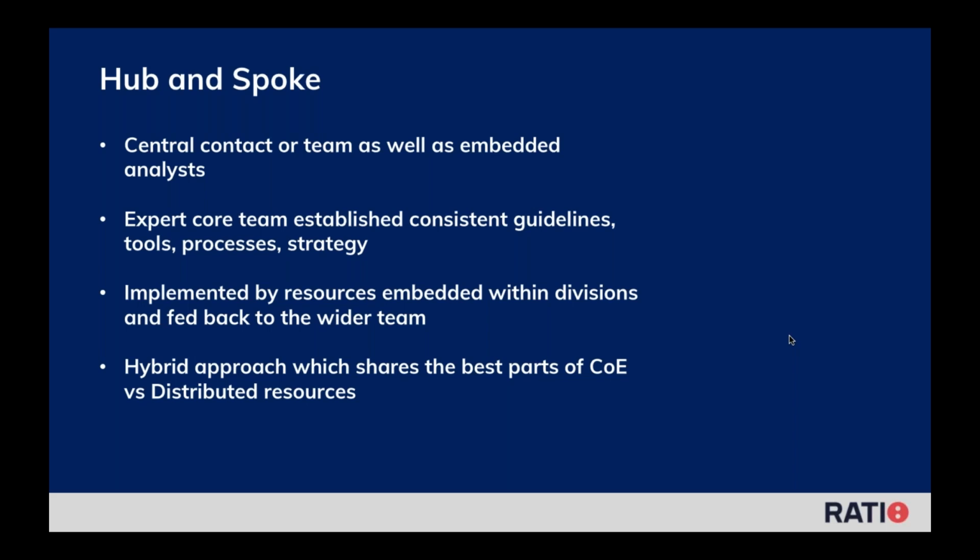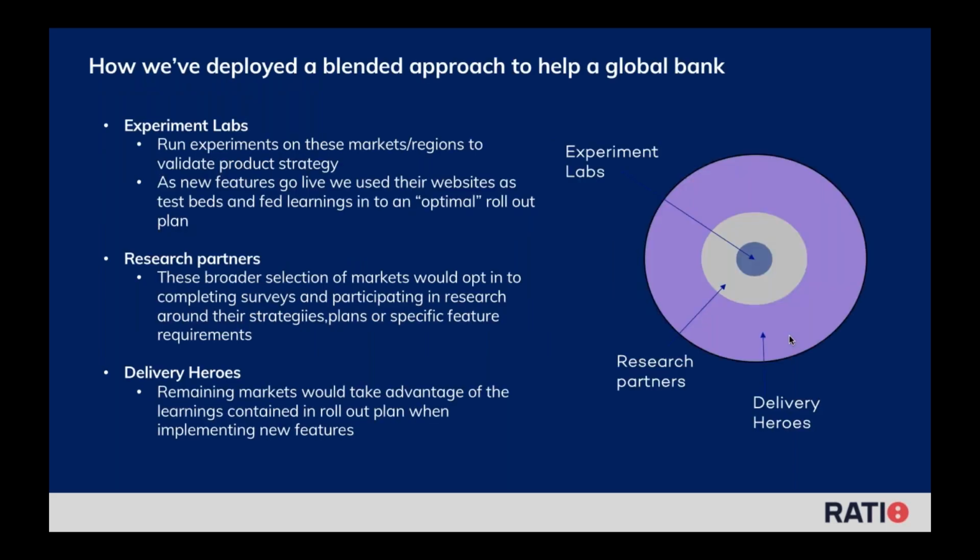Obviously, any of these operating models for an optimization team need to be adapted to the needs of your organization. Just to speak briefly about one that we put into place for a global bank that we're working with, and a bit of context first: this is a large bank that has multiple different markets that each control their own website, that each have different levels of maturity from an experimentation and optimization point of view, and that also have different levels of traffic, different objectives and so on.